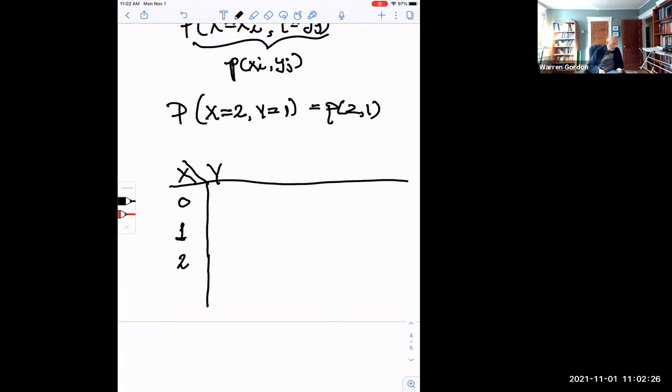Gonna put an extra row in it, folks. And the values that Y can take, oops, that's not gonna be enough room. I'll just put the lines in afterwards. Y should take on the values 0, 1, 2, 3. Now I need more room.